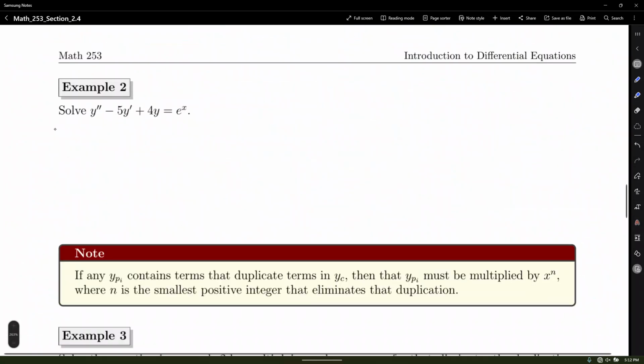So let's get the corresponding characteristic equation. This is to get the homogeneous solution. This is a trinomial, so we need factors of 4 that add up to -5.